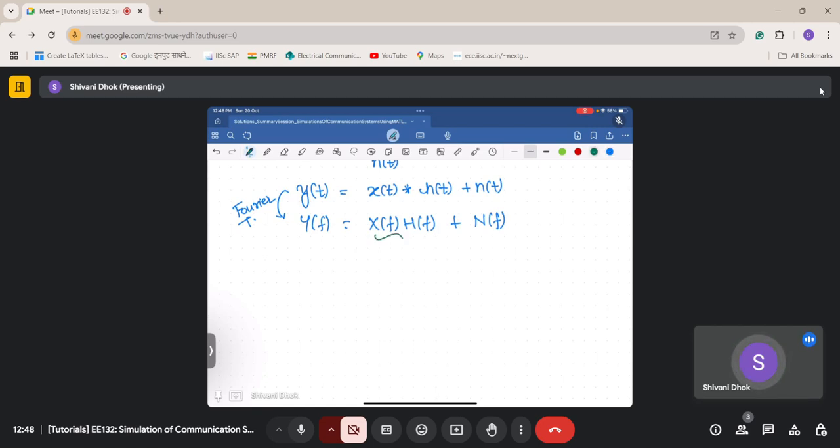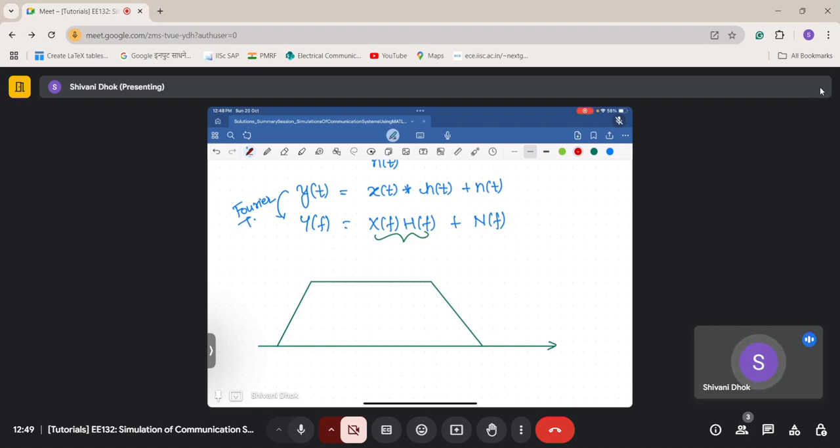So now if you just concentrate on this part, suppose you have a channel with this frequency response. So this is your H(f). Okay, let's do it in this way. So let's say this is your channel's frequency response. It won't be like this, but still something like this you have.